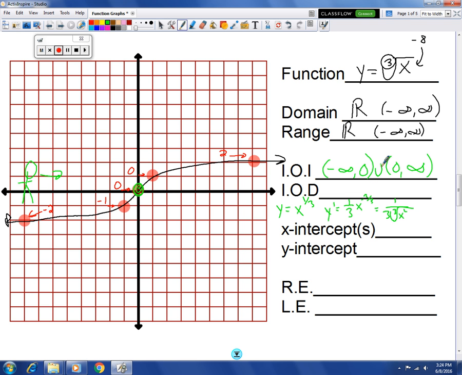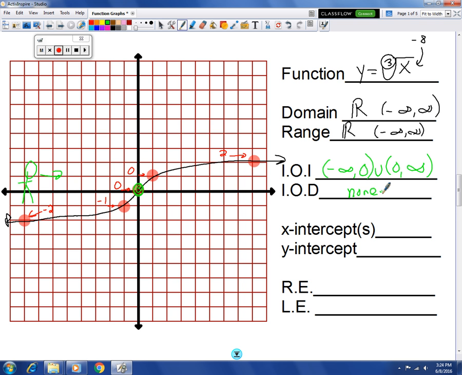So that's a funny looking way of writing interval of increase, because it sure looks like it's increasing. But you're going to have to trust me for a little bit. As it gets to 0, it's not increasing, or the slope is just not defined. Okay, wait till you get to calculus. All right, interval of decrease, clearly it's never decreasing.